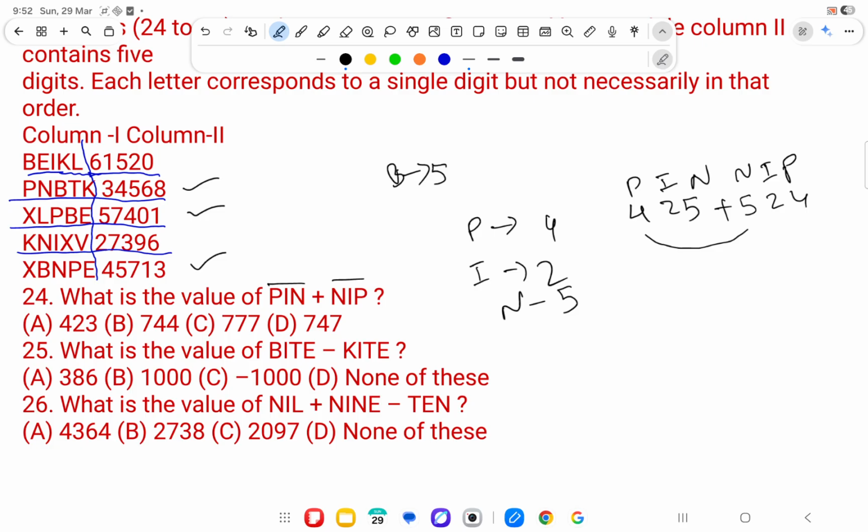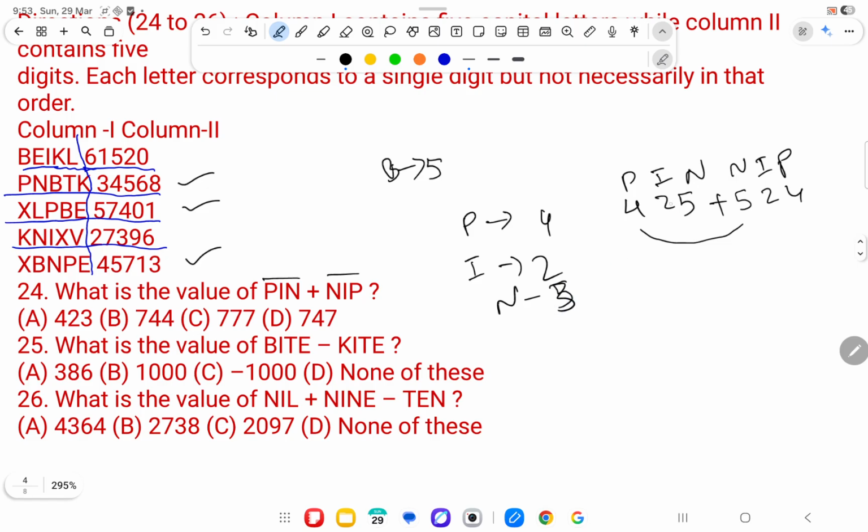That we have taken for P. N is also repeated, but N is repeated in second, fourth and fifth. Second, fourth and fifth is 3. So N is 3. So 4, 2, 3, 3, 2, 4.